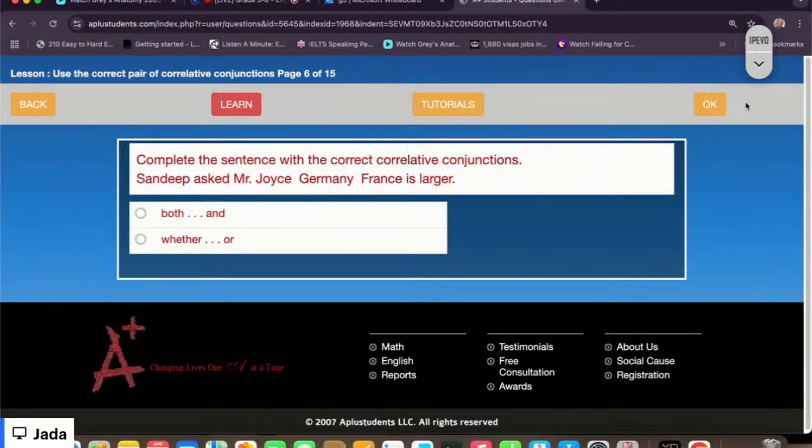Both and, or whether or. So whether Germany or France is larger.